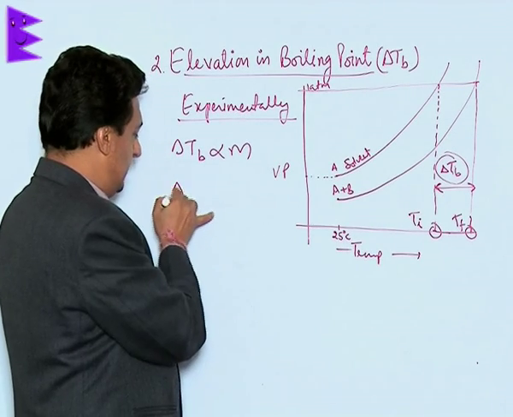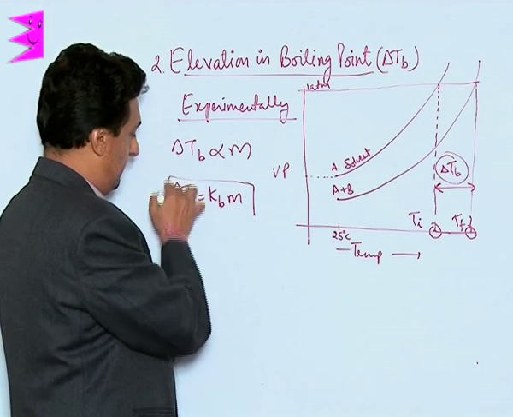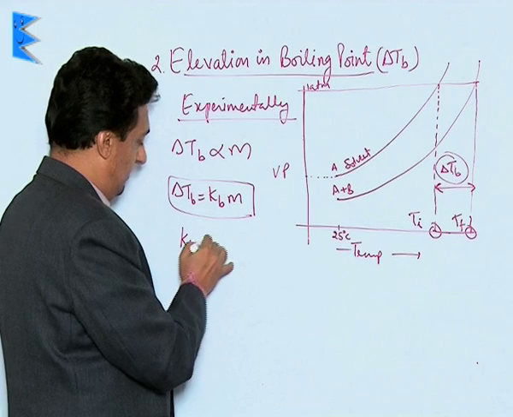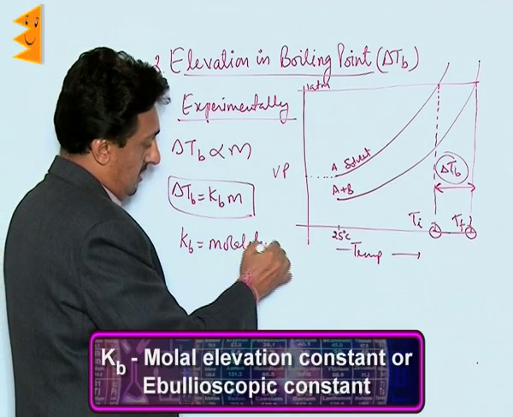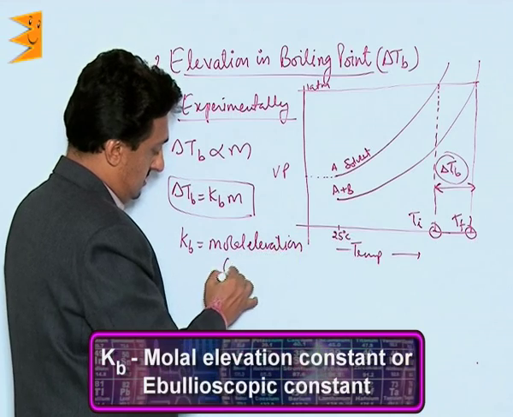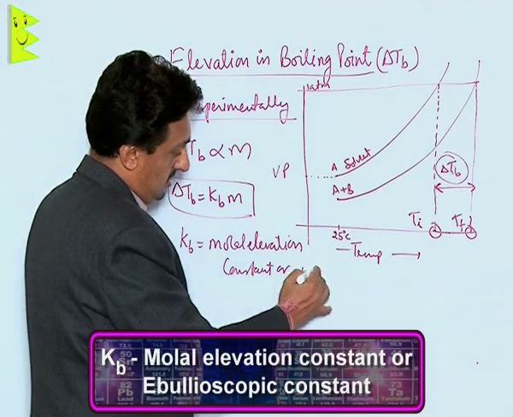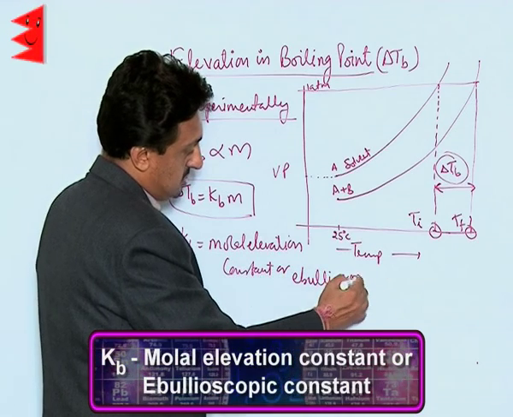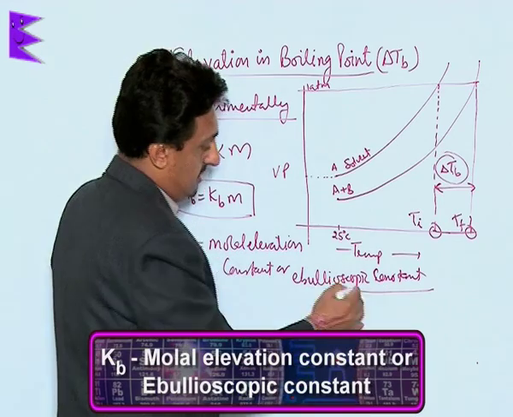And the proportionality is covered by a constant which is called Kb, where Kb is called molal elevation constant or ebullioscopic constant.